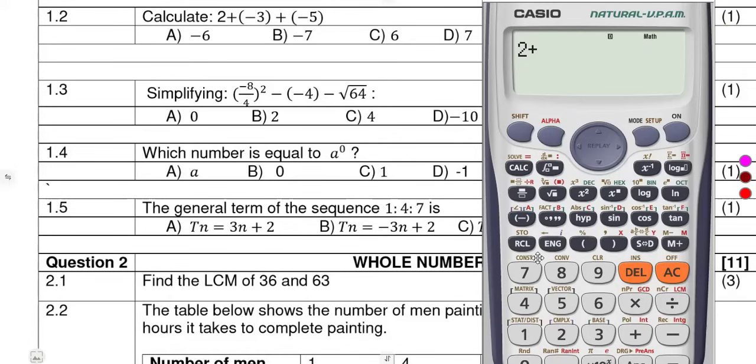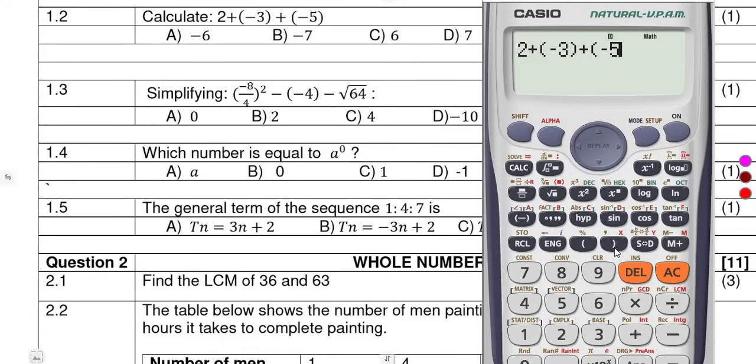So you're going to put a bracket first. You open a bracket, you've got minus 3. It's part of your learning with the calculator, because this is multiple choice, unless you have it where you're supposed to calculate. Minus 5, all right?